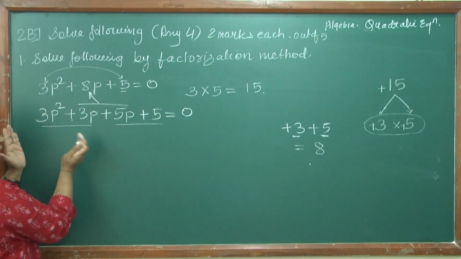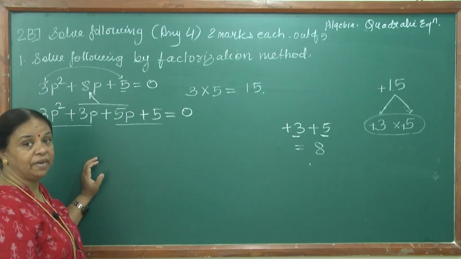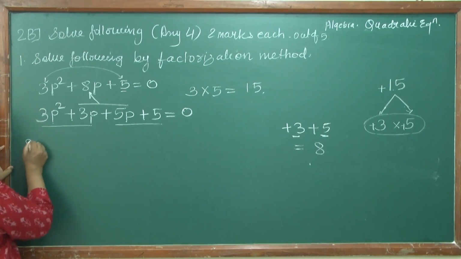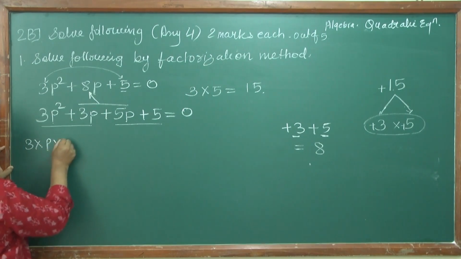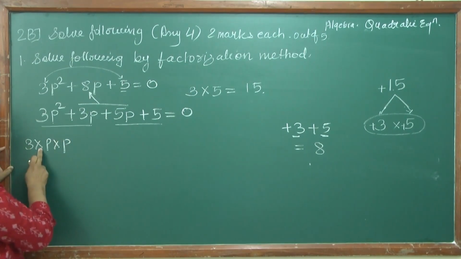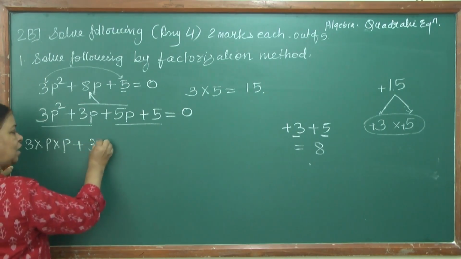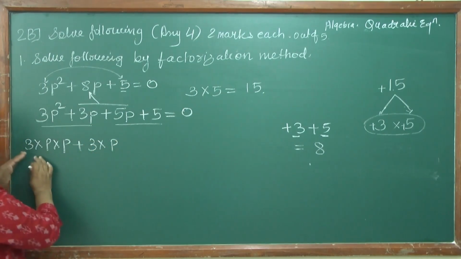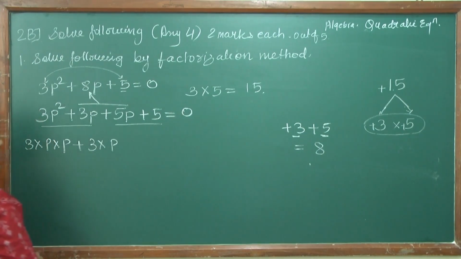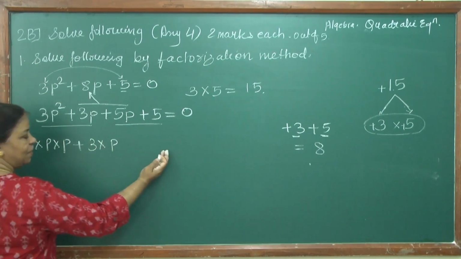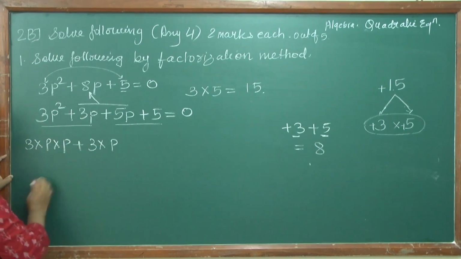I am going to bifurcate so as to select the common factor. Now see here, this is 3 into p into p, plus 3 into p. Let us first select the common factor from here. If I write this also, it will confuse you. Let's start.